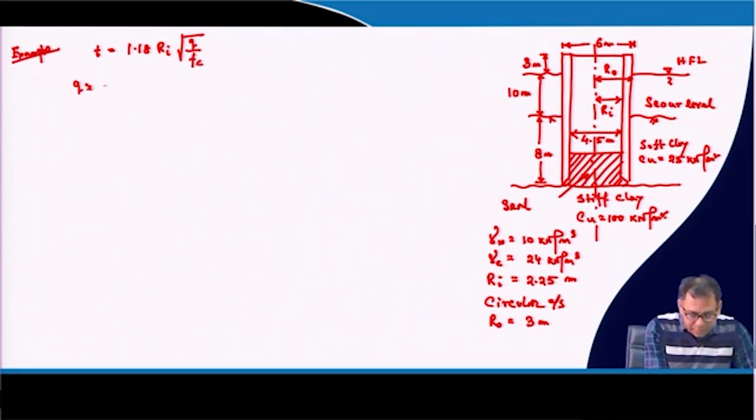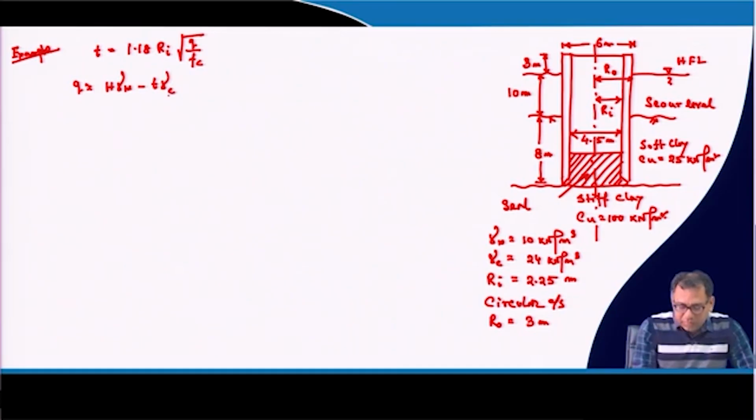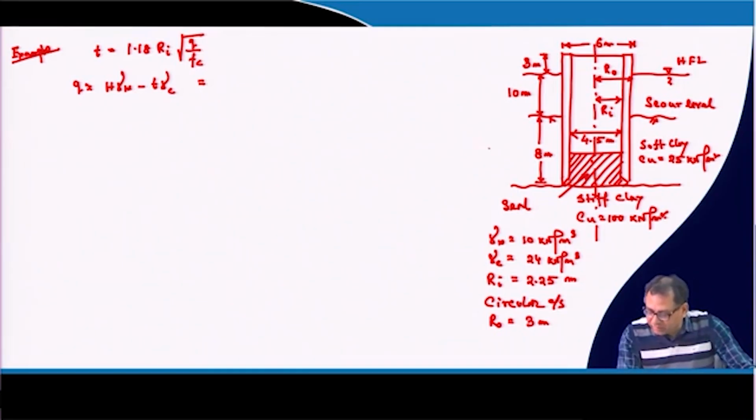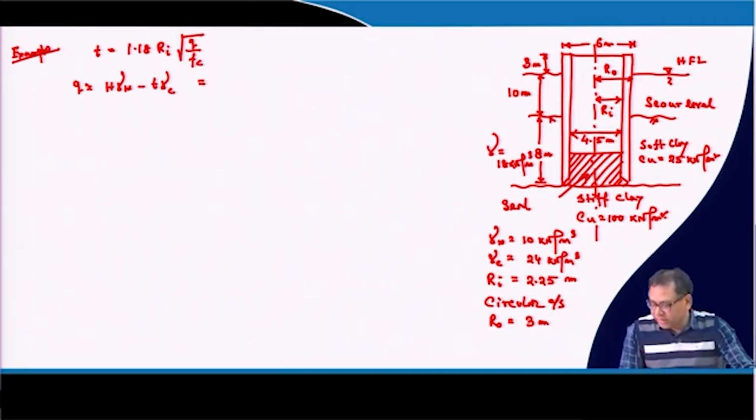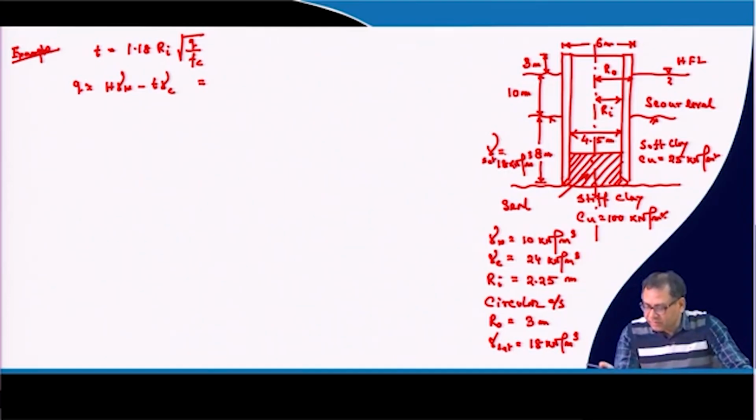Now, Q we can roughly calculate by H into gamma W minus T into gamma C. Gamma here is the unit weight of the soil, given as 18 kilonewton per meter cube, the saturated unit weight, and obviously the soil will be saturated because it is below the water level.